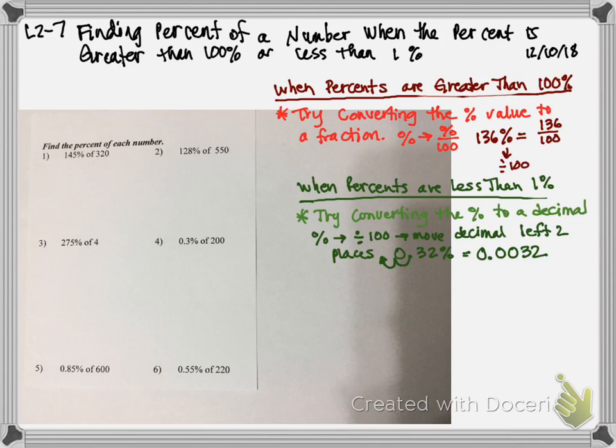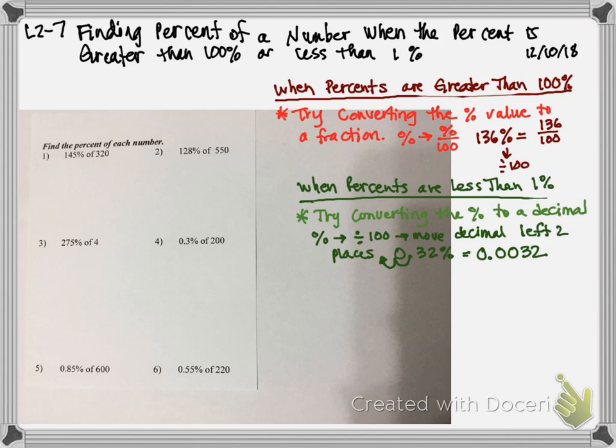You can try to do everything to a decimal. That's fine. It doesn't really matter, but here are some thoughts. So I will practice at least 2 of the examples for when they're over 100%, I will go with the fraction idea, and then the other one I will go to decimal. So you'll see both versions, okay?